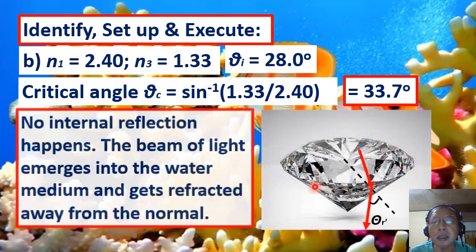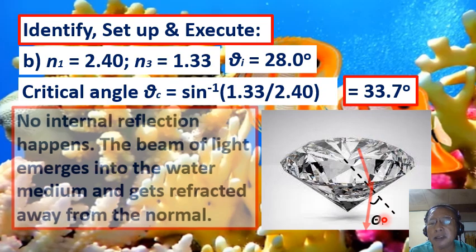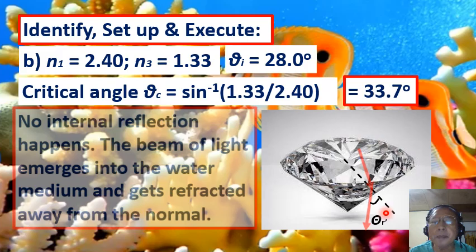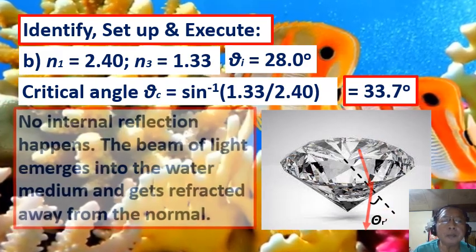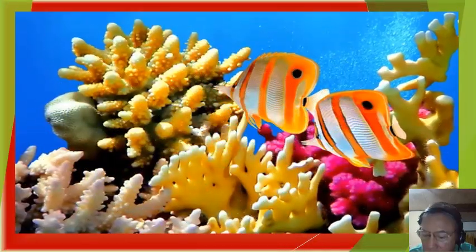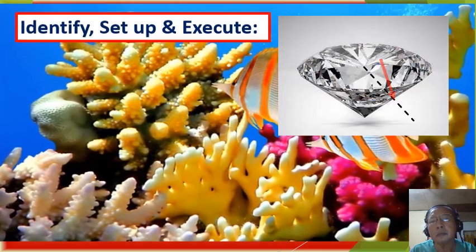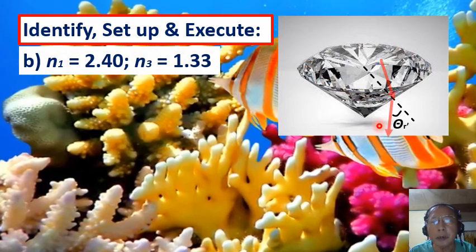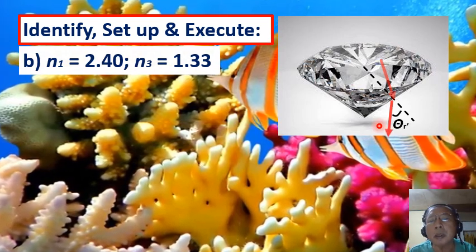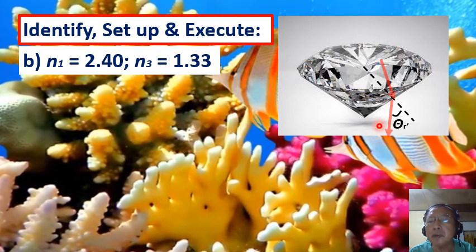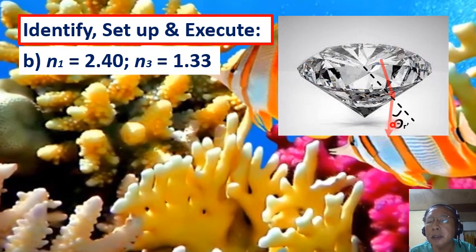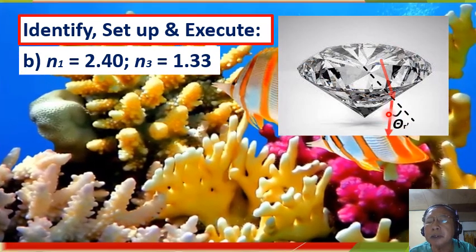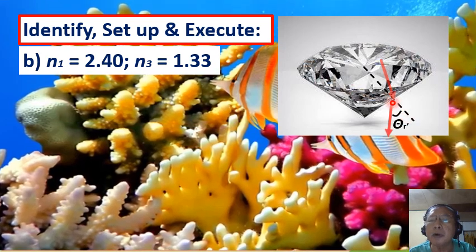And in just a short while, we're going to compute this angle of refraction of the light beam. All right, so we're going to compute the angle of refraction of the emerging beam of light. The beam of light that was refracted is bent away from the normal.